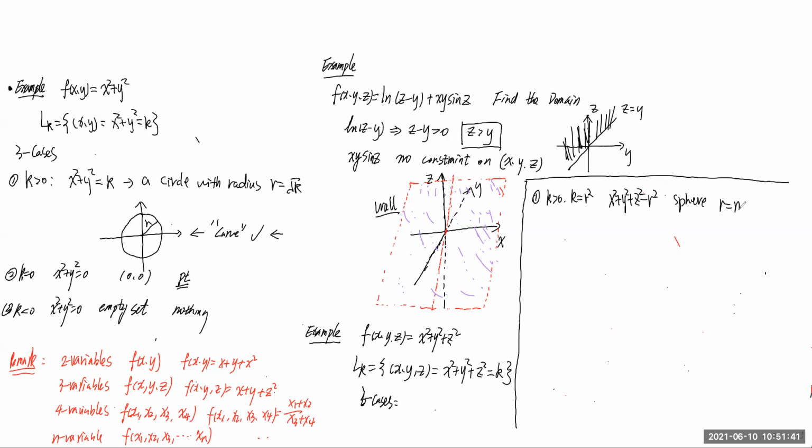Case two, k equal to 0: x squared plus y squared plus z squared is 0, which is just one point, the origin.